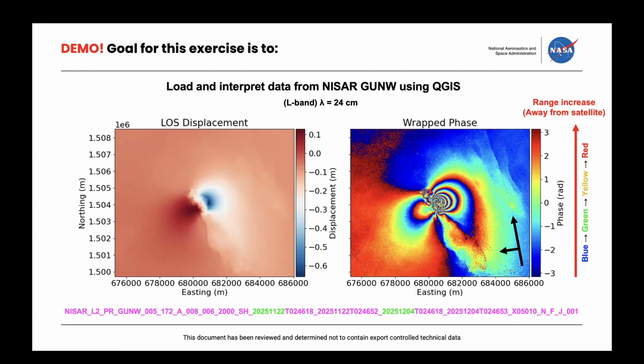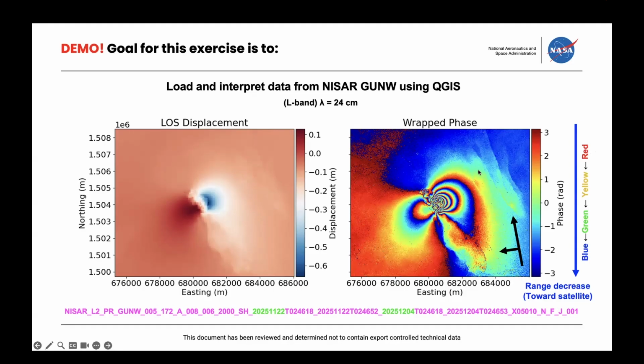Basically, the distance between the satellite and the ground has increased. That's what we call the range increase. And if it's moving from red to yellow to green to blue, then that means that there is a decrease in the satellite and ground distance. That means that the range has decreased.